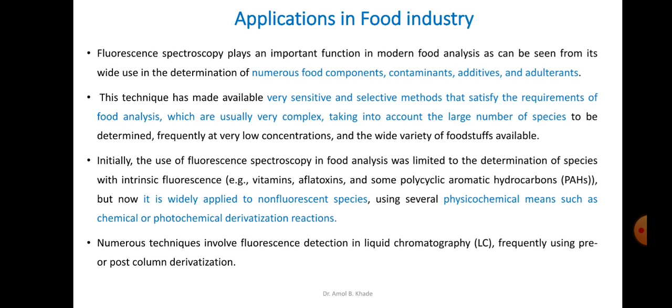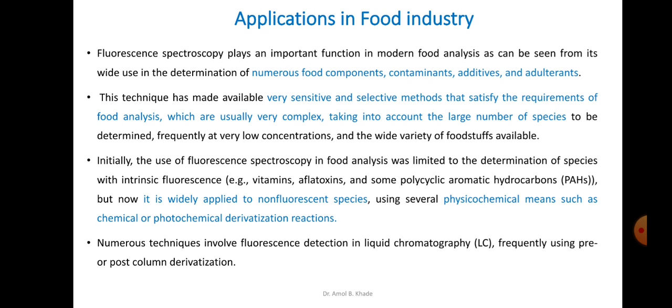Nowadays the quality of food and the standards are stringent, and we need to check the food material for its quality, whether adulterants or contaminants are present, what the components of a particular food material are, and in what concentration they are present. Are they present or not? If they are present, in what concentration are they present in the foodstuffs?